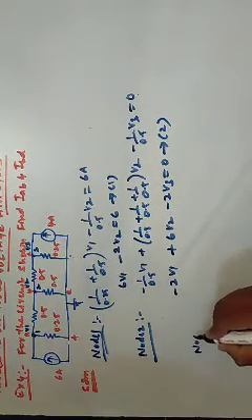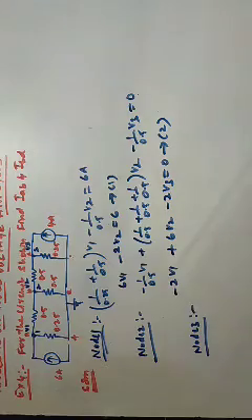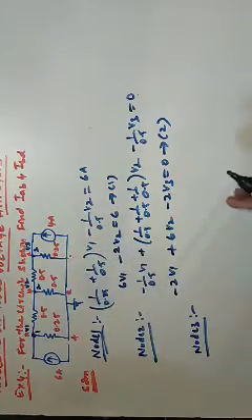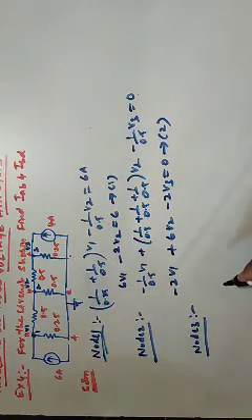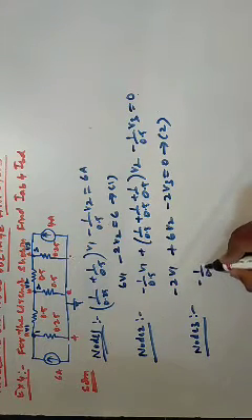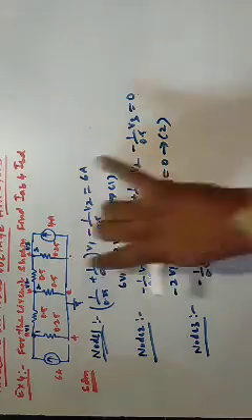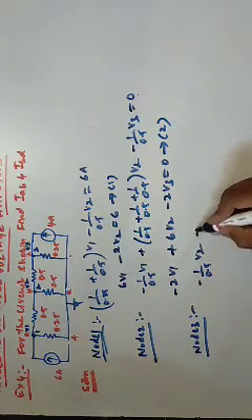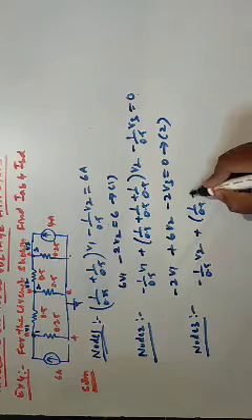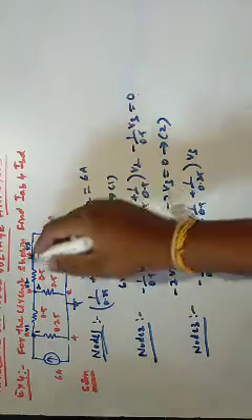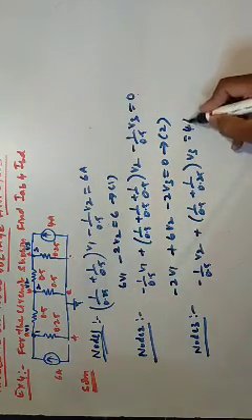Similarly, for node 3, node 3 doesn't have any link with node 1, so there won't be any coefficient of V1. So minus 1 by 0.5 V2, because this 0.5 is shared between V2 and V3, plus 1 by 0.5 plus 1 by 0.25 into V3, and this 4 ampere is towards node 3, so it is equal to 4 ampere.